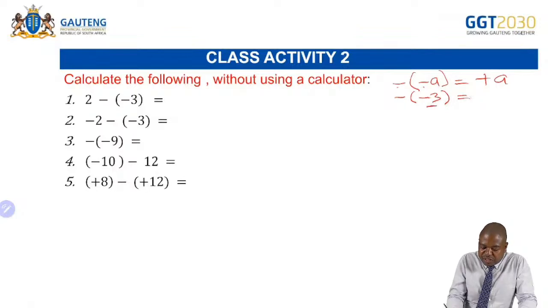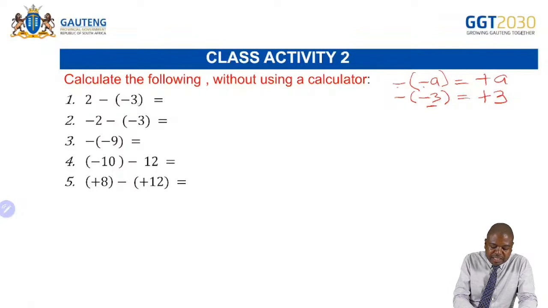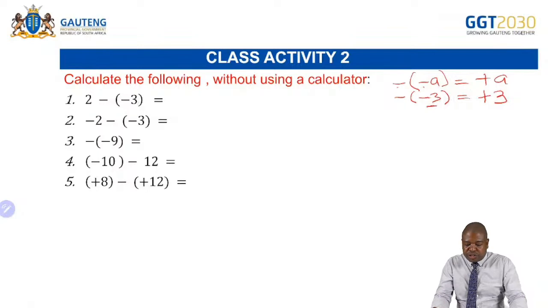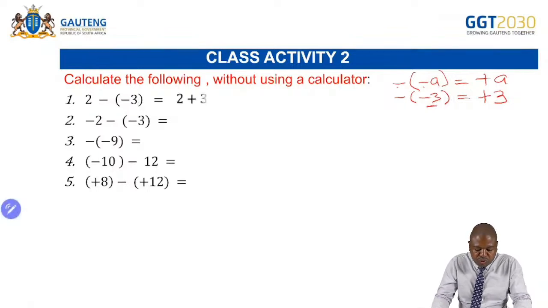Is +3. So it is the same as adding its inverse. So 2 minus, in bracket -3, is going to give us 2 plus 3, and 2 plus 3, you know, it is equal to 5. That is what you're supposed to get.